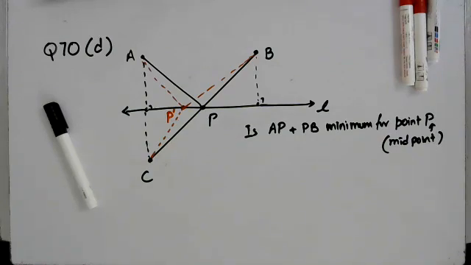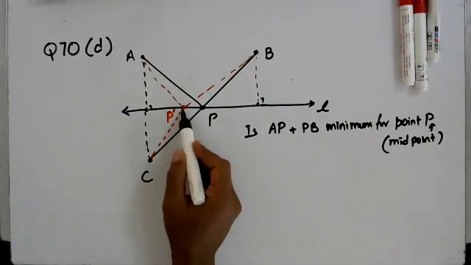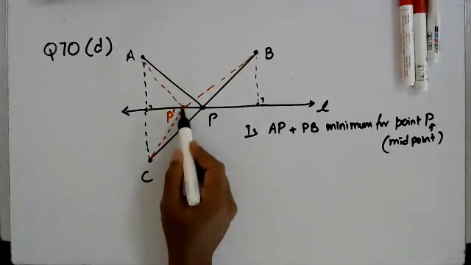It's the same. It's equal. It's still equal. Which is the same? A and B is the same, correct? But I have changed P. I have moved P this side. It's become P dashed.